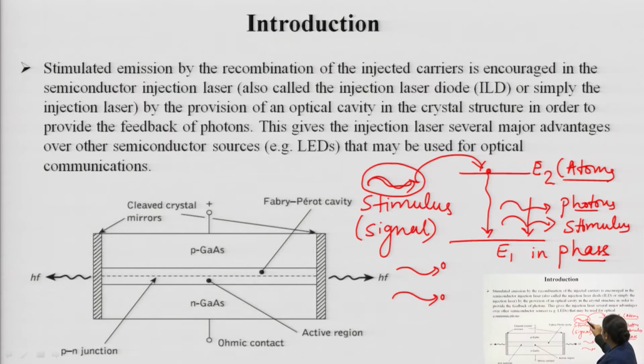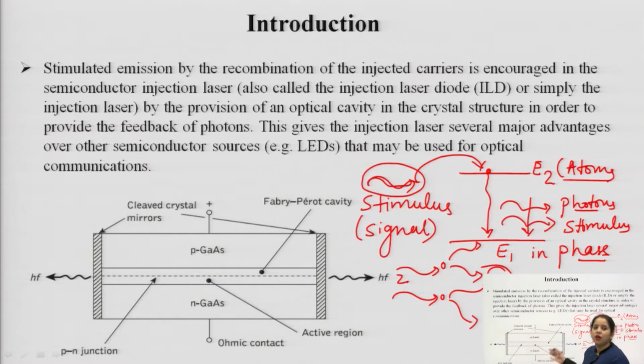Previously, a single photon excited a single atom, but now we have two photons and each one will excite one atom. So, with the same process, two photons are emitted, and now we have four photons.